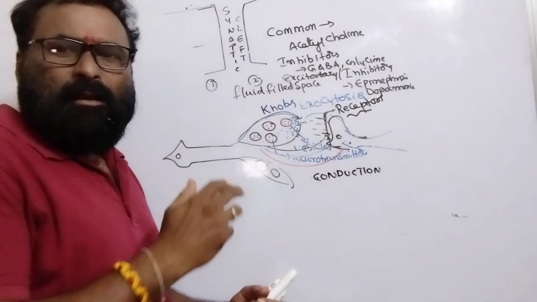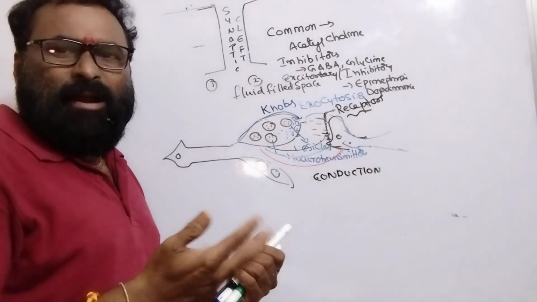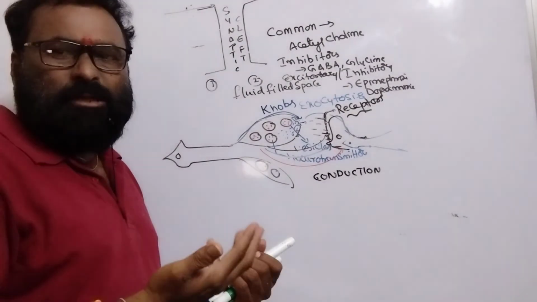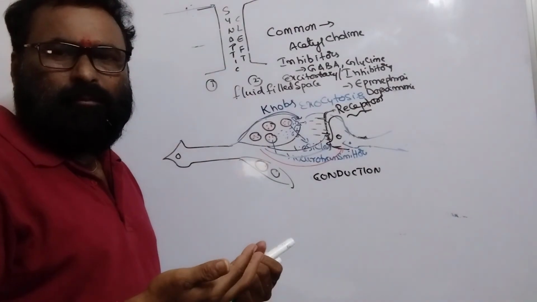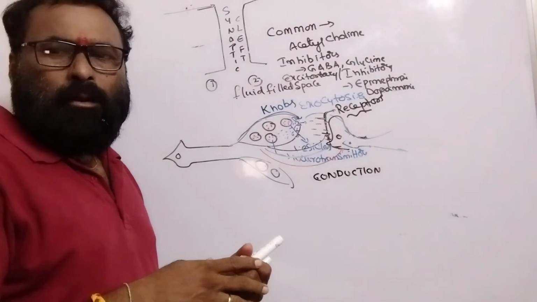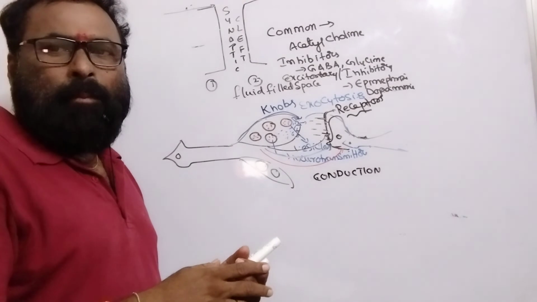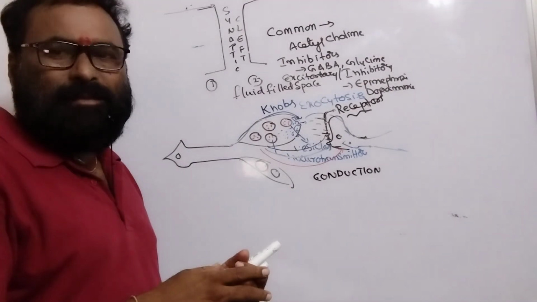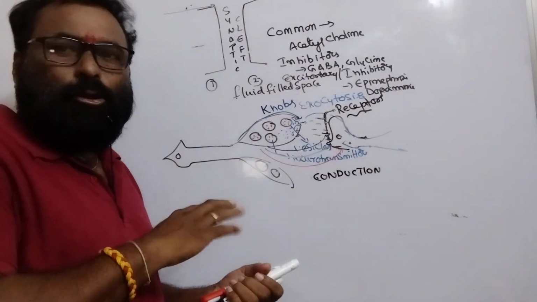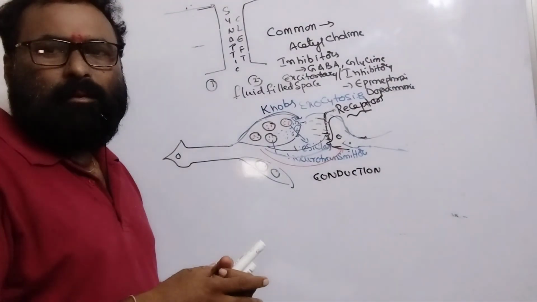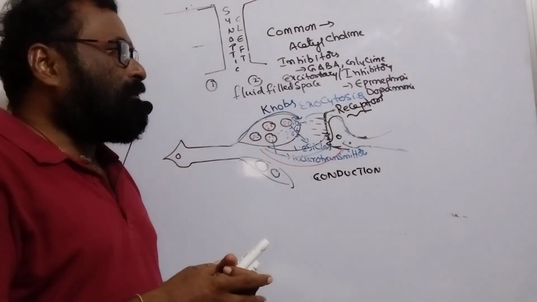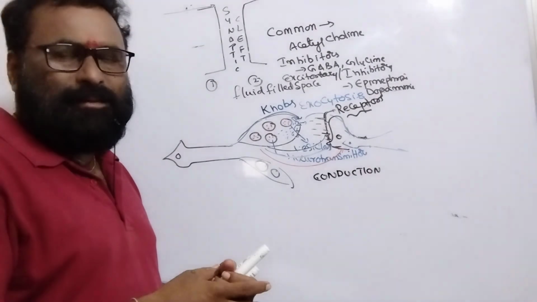Again I am saying, neurotransmitters are divided into three kinds. The common neurotransmitter is acetylcholine. Only for inhibitory: gamma-aminobutyric acid, GABA, and glycine. For both excitatory and inhibitory, the examples are epinephrine, dopamine and serotonin.